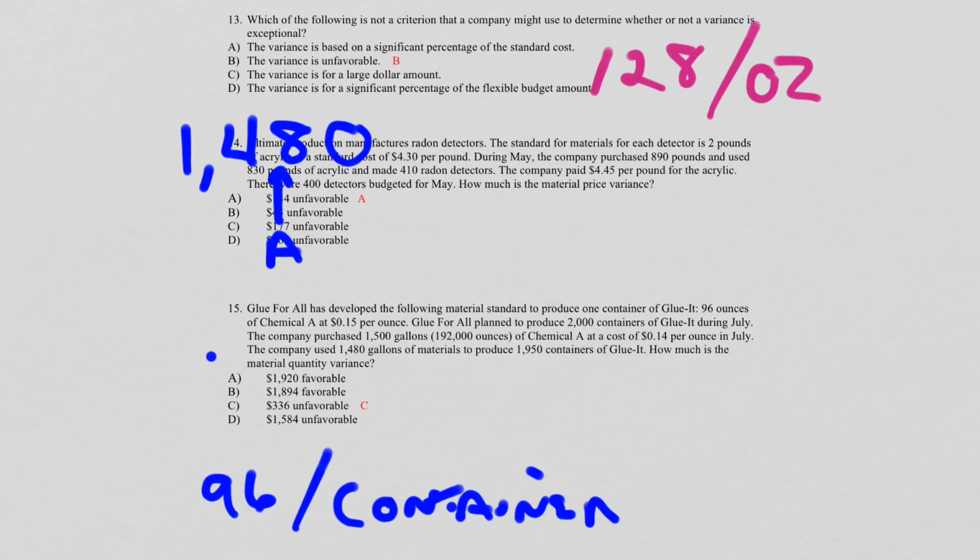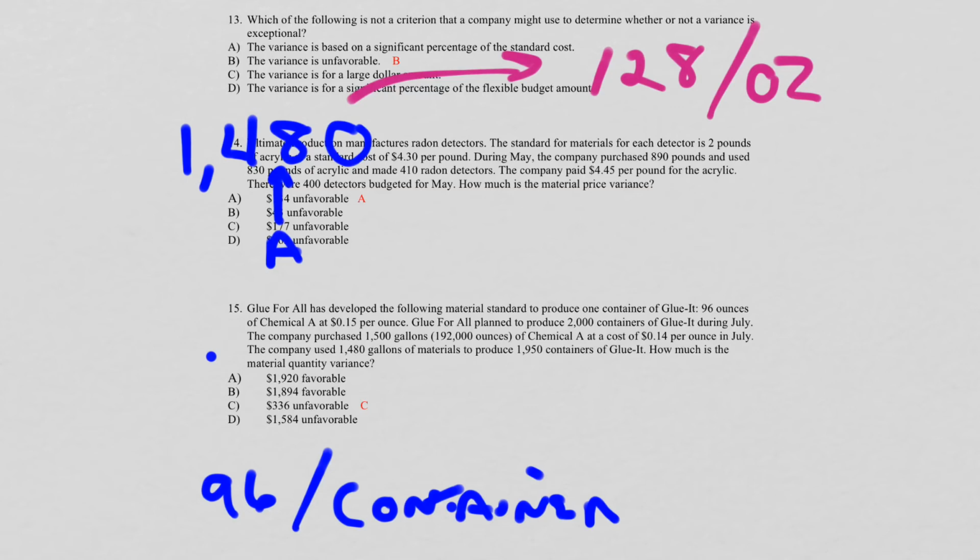So 1,480 gallons. Again, you may have a quicker way to do this, but I'm doing it my usual long, hard way. But it's at 128 ounces a gallon. So I'm going to multiply that out, and I'm going to get how many ounces we actually used. I think I'm doing that because the price included in the problem is really per ounce.